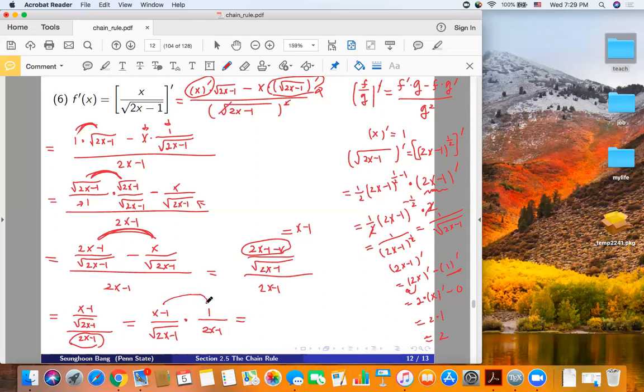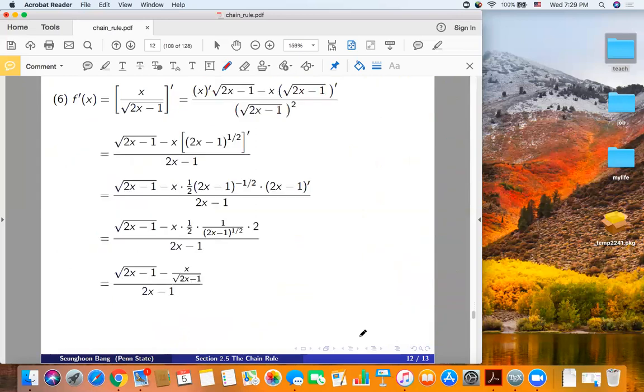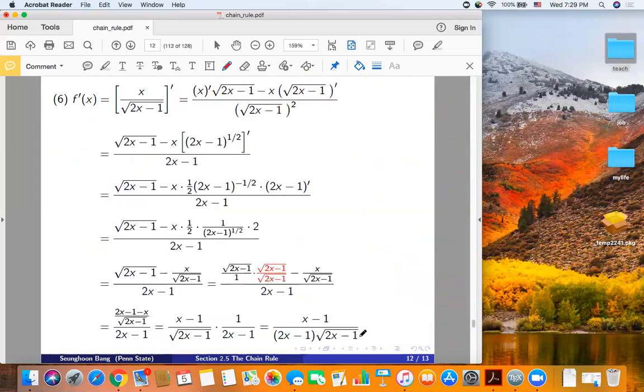The x minus 1 times 1 is exactly x minus 1, over the 2x minus 1 times the square root of 2x minus 1. So that's it. This is your final answer. This is the whole idea for solving this problem. Like this.